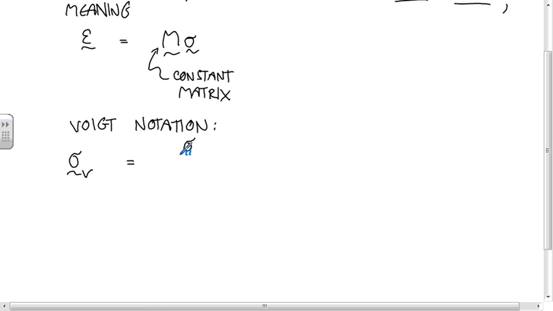We don't lose any information because of the symmetry. So this Voigt notation is sigma xx, sigma yy, sigma zz. So first the 3 normal stresses, and then the 3 shear stresses in the exact opposite order of what you would tend to think of doing yourself. I don't know why that is, but it starts out with yz, then xz, and then xy.